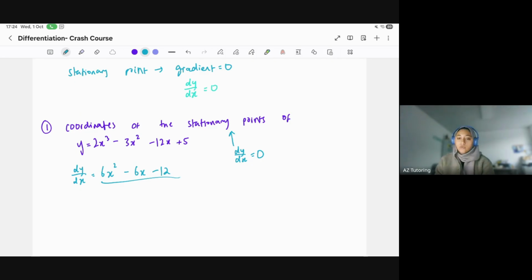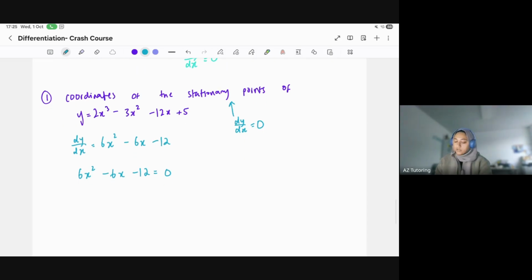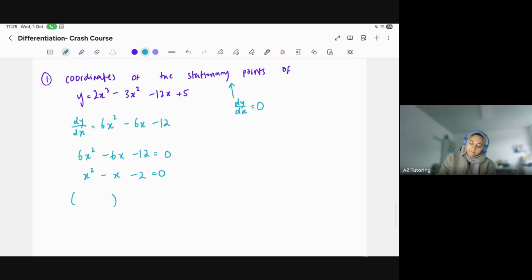Now we need to make this equal to 0 and solve it. 6x squared minus 6x minus 12 equals 0. And that's what we're solving. I can divide the whole equation by 6. So x squared minus x minus 2 equals 0. We've got a quadratic. We're going to get 2 answers. 2 numbers that multiply to give you minus 2 and add to give you minus 1.